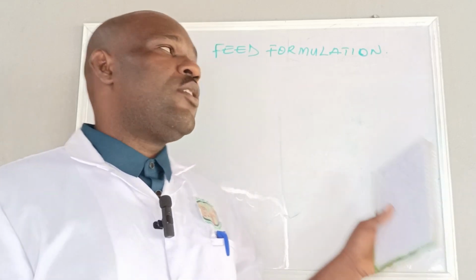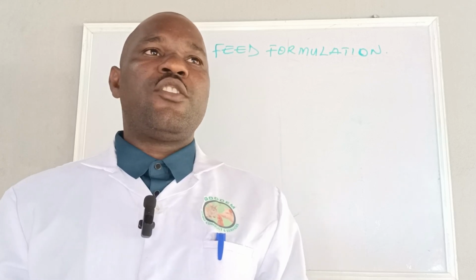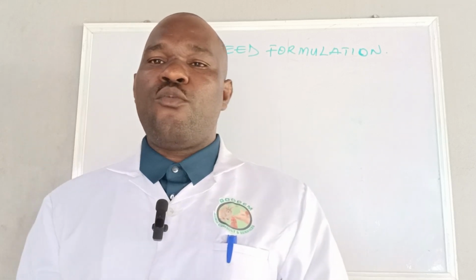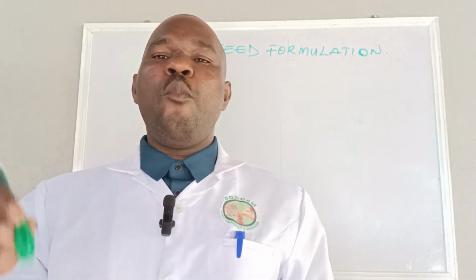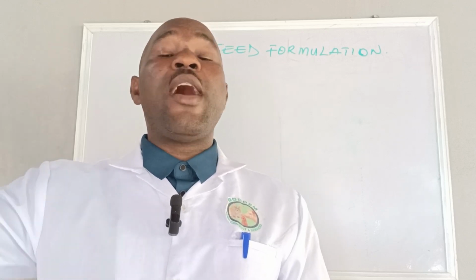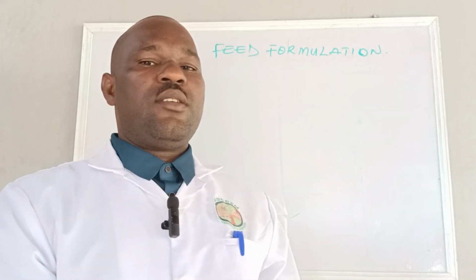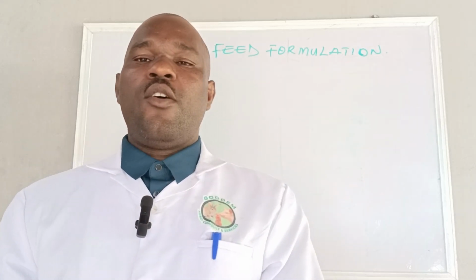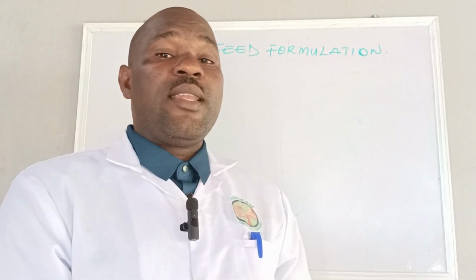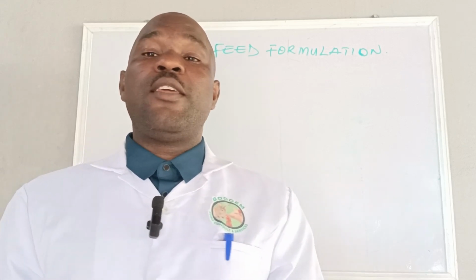Feed formulation, otherwise known as ration balancing, is the application of mathematical formula using two or more feed ingredients to meet the nutrient requirement of the animal you want to feed. Maybe you want to feed chicks, growers, layers, piglets like the creep feed, or a lactating pig.